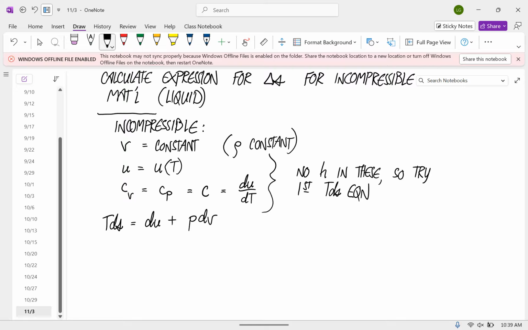Okay, and let's see what we can make out of this using those assumptions. So first look at the second term. If v is constant, what's dv equal to? Zero. You whispered it. Can't take it back. So this is 0 because dv is equal to 0.